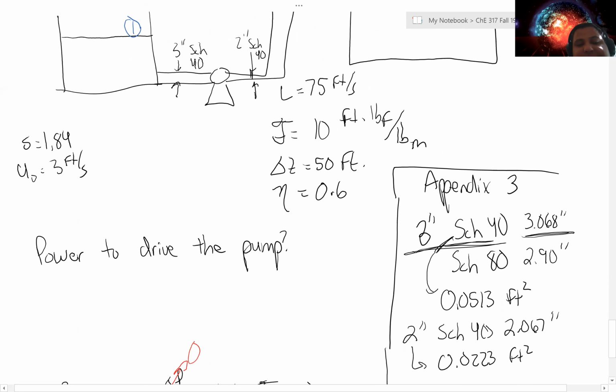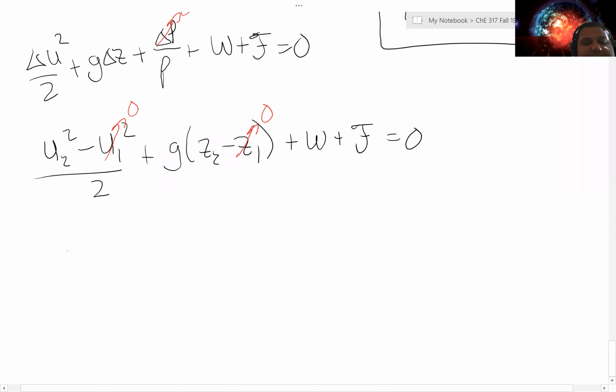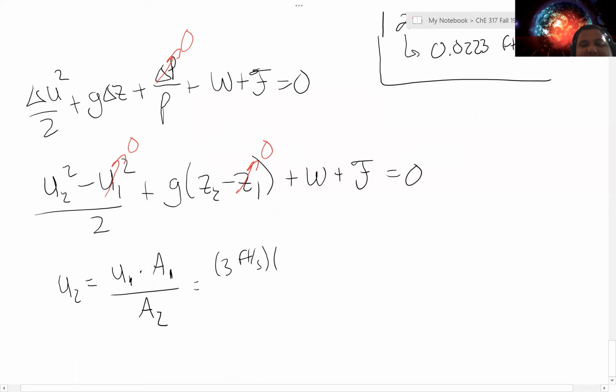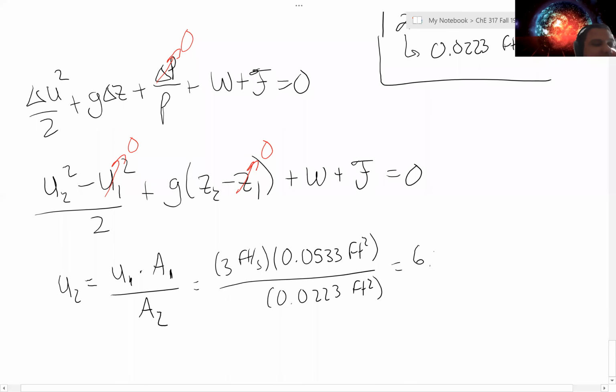given. So to find U2, it would be U1 times A1 over A2, which equals 3 feet per second times the areas that were provided in the table, 0.0513 feet squared over 0.0223 feet squared, which should be approximately 6.61 feet per second.